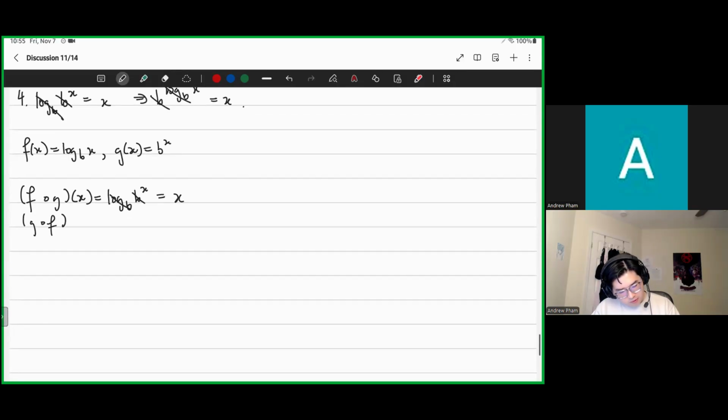And g of f of x is b to the log base b of x, which gives you x. And this is how you actually define a logarithm, for real. This is where it comes from. You define the logarithm function in terms of this inverse property because its main purpose is going to be the inverse of the exponential. Okay?